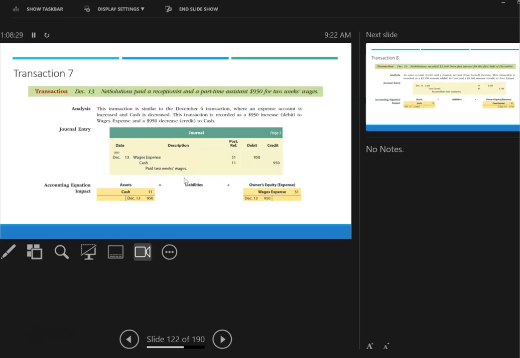Net Solutions paid a receptionist and a part-time assistant $950 for 2 weeks. Do you see we debit our wages expense and we credit cash?